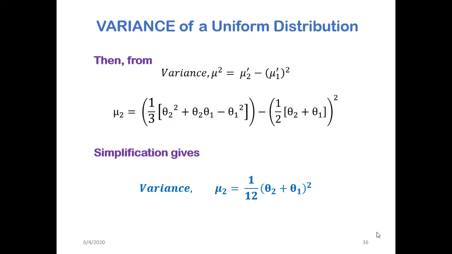Variance will be equal to the second moment minus the first moment squared, and if you simplify the equation, you have the variance equal to 1/12 of θ2 minus θ1, squared. So this is the formula for the variance: you just take the square of the difference of the two parameters and divide by 12.